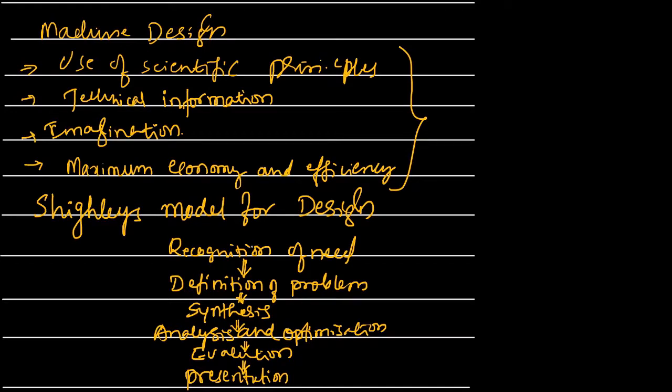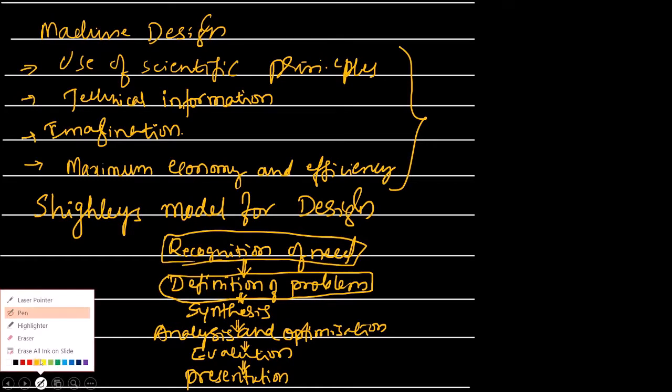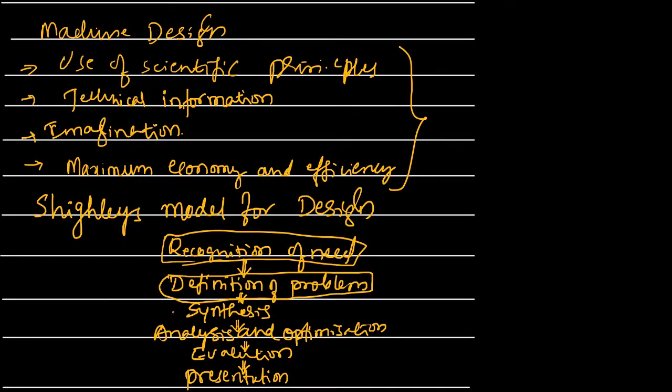Otherwise, if anything is not satisfied according to your requirement, you need to go for some re-steps here. That means you need to go back to your previous steps: synthesis, analysis and optimization, then evaluation, then presentation.